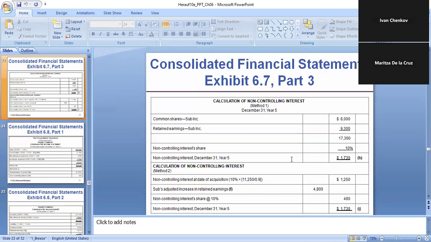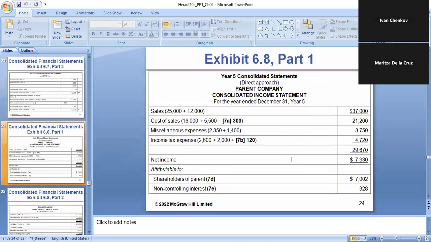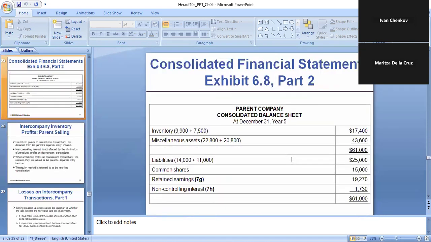We're going to go with this $19,200, $270, and we're going to add the non-controlling interest from the same calculation, and we're going to end up with the total liability and equity, which is exactly the same as the total assets, to balance the entry.